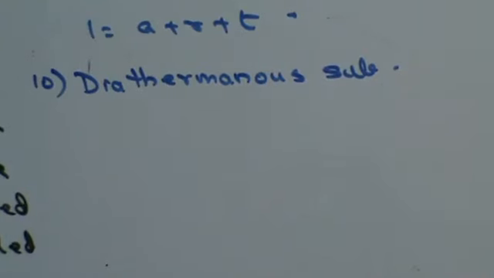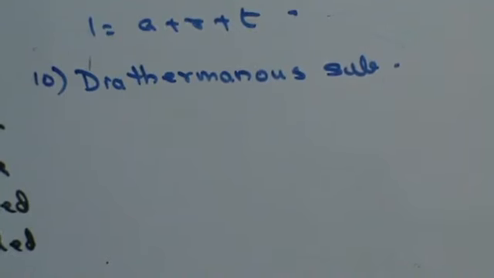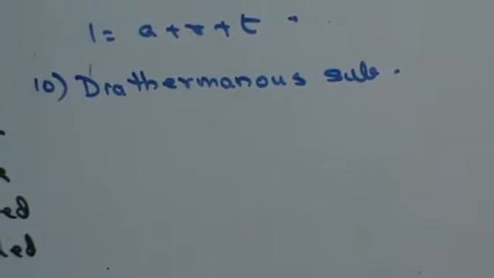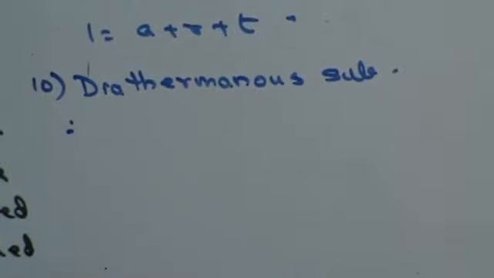What do we understand by diathermanous substance? Substances through which radiant heat energy can pass are called diathermanous substances. So if you have radiant heat energy incident on a substance and it can pass through it, those substances are called diathermanous. For example, glass, and most of the gases, hydrogen, oxygen. Heat energy can pass through them and therefore they are called diathermanous substances. Write this down please.